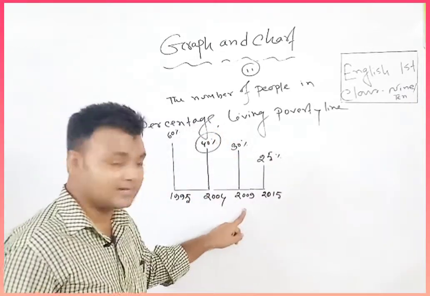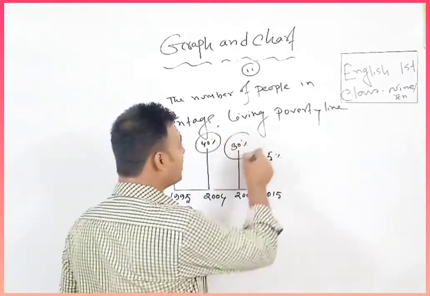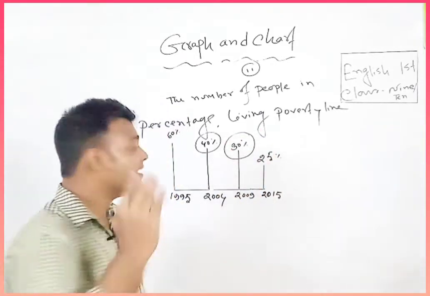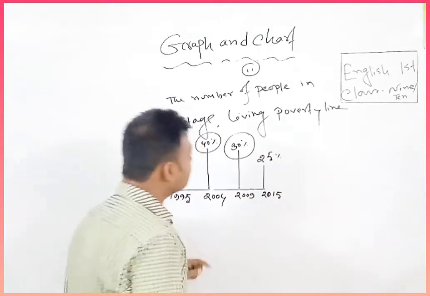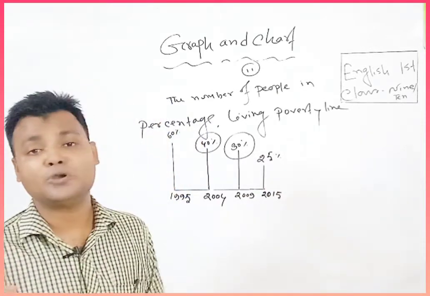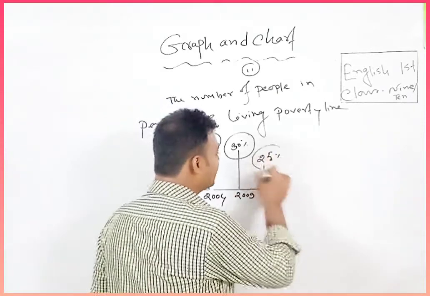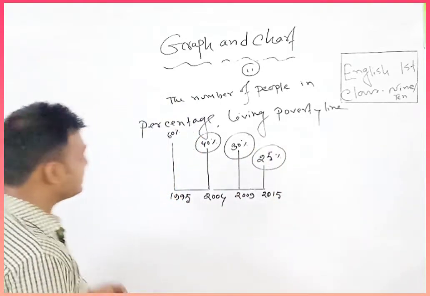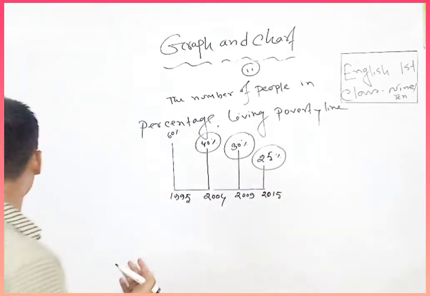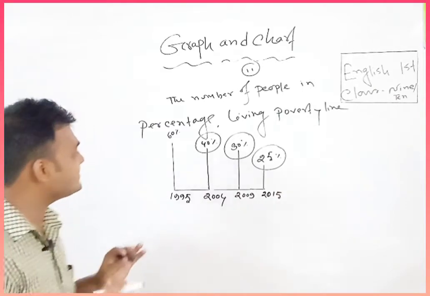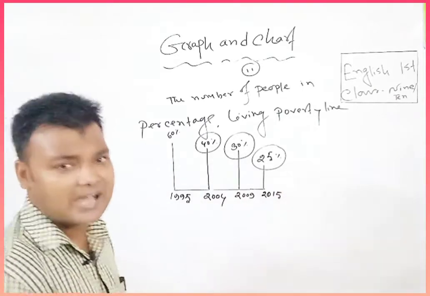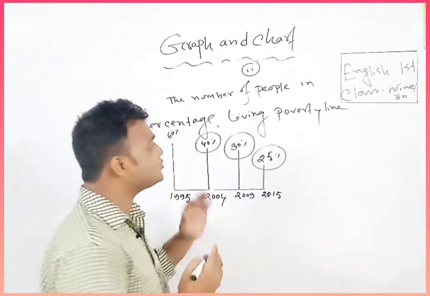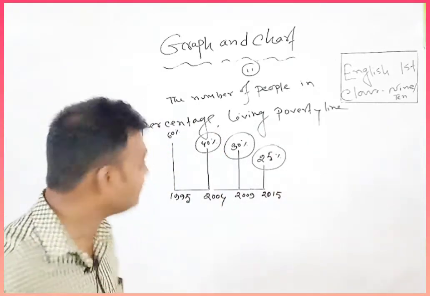In 2009 the percentage was again decreasing, and that is 30%. And finally in 2015 the percentage was 25%. That means year by year, after every 5 years, the percentage was decreasing in our country, which is a good sign for us. So this is the way to write about this graph and chart.